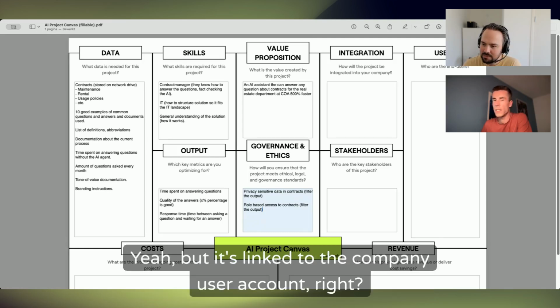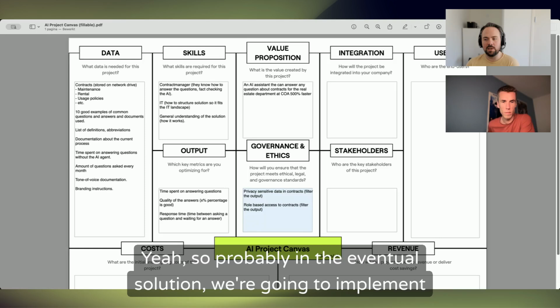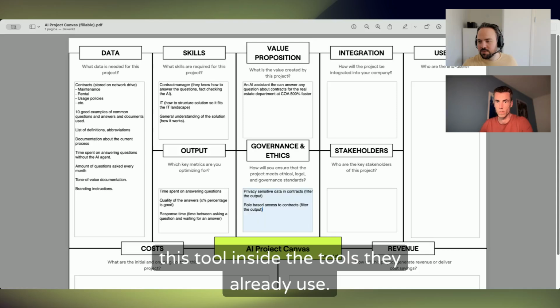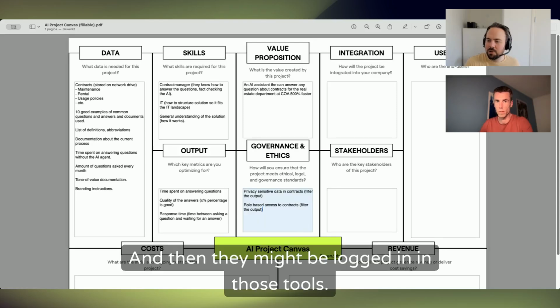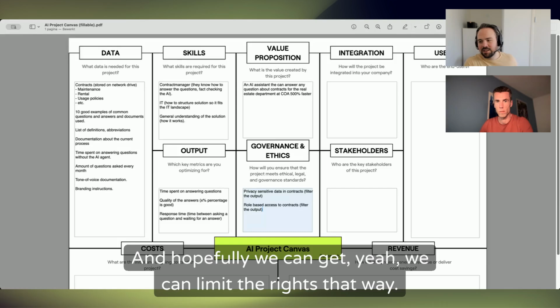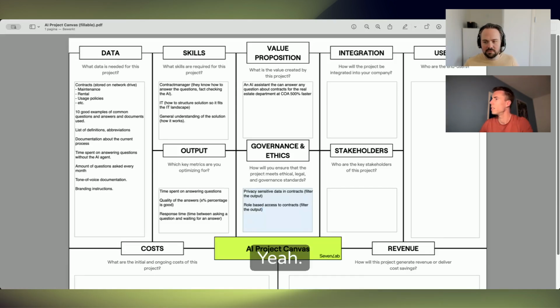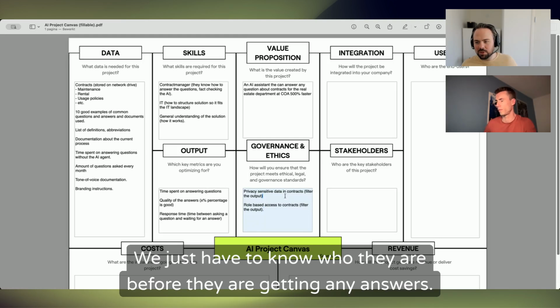But it's linked to the company user account, right? Yeah, so probably in the eventual solution, we're going to implement this tool inside the tools they already use. And then they might be logged in those tools. And hopefully we can limit the rights that way. We just have to know who they are before they are getting any answers.